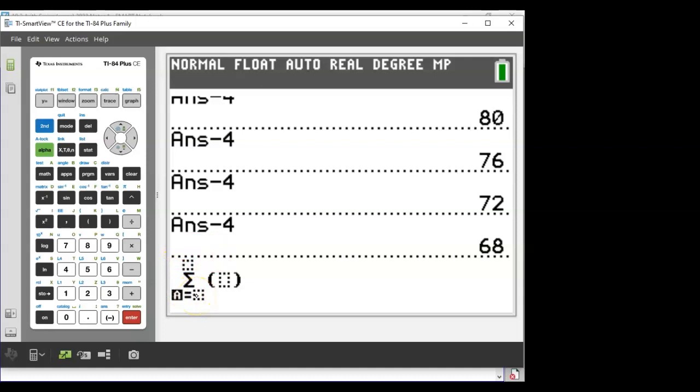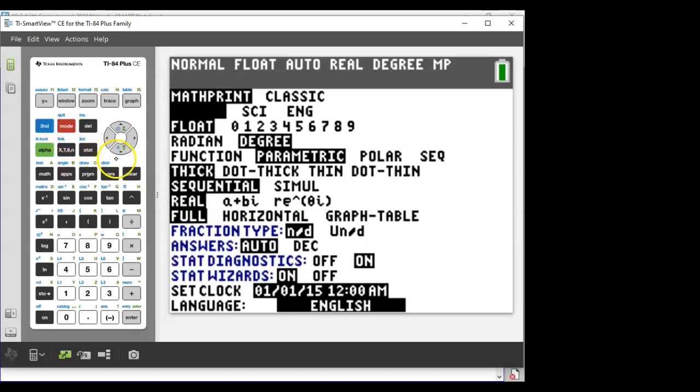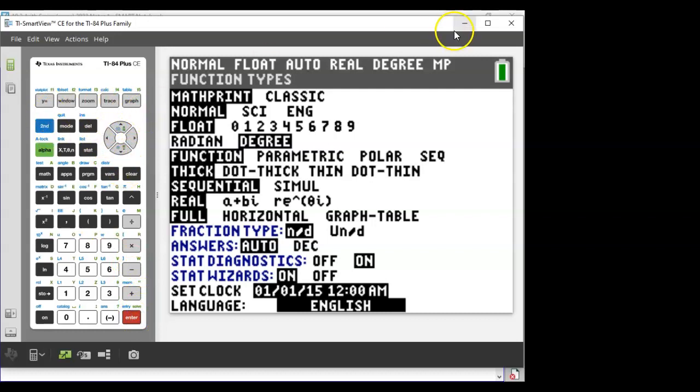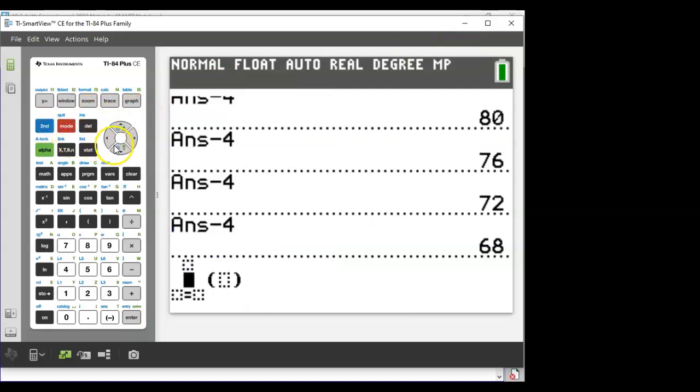Now, depending what mode you're in, you will get a different variable, but it doesn't matter. I will go back and put my calculator in function mode, I guess. But it really doesn't matter what mode you're in. You can use any variable. So this one had an N, but that would mean I had to put it in sequence mode.